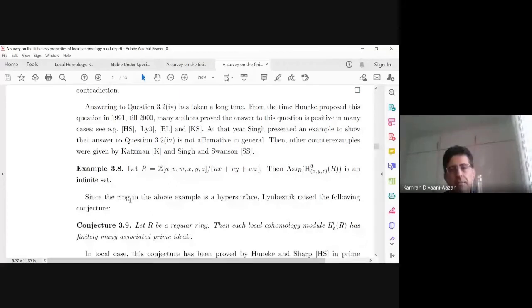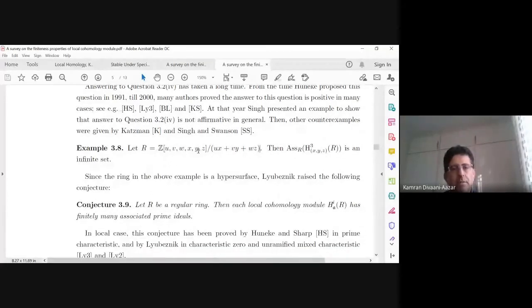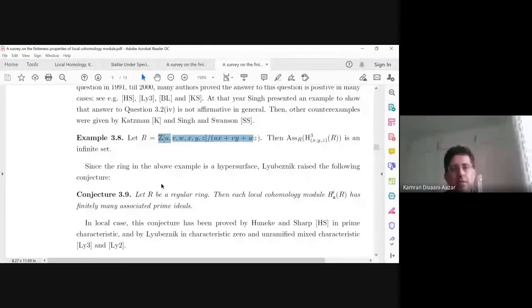Because the example given by Singh is a hypersurface, Lyubeznik conjectured that the original question by Huneke has an affirmative answer for regular rings.